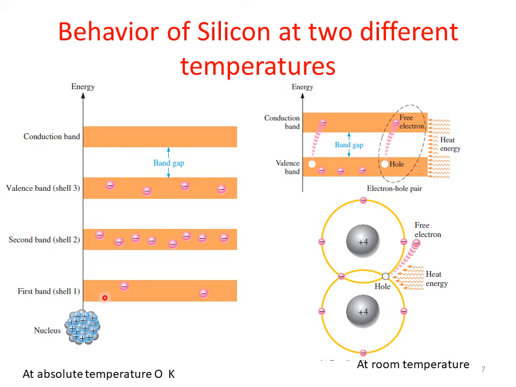The first shell has 2 electrons, the second shell has 8 electrons, the third shell has 4 electrons, and this third shell is actually the valence band of the silicon material. This diagram clearly shows that when the temperature is absolute temperature, all of the valence electrons will be residing in the valence band stably.